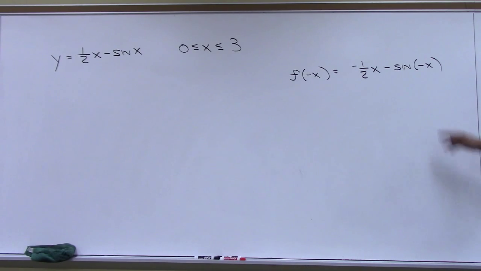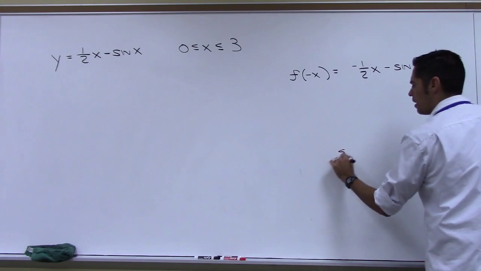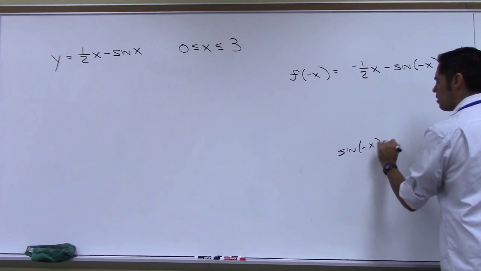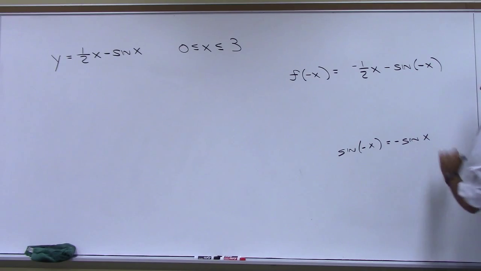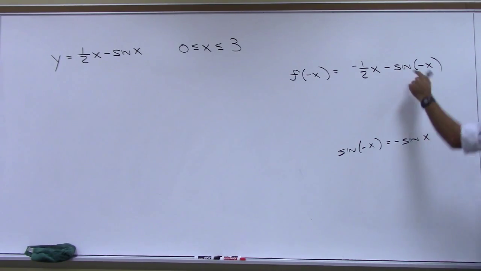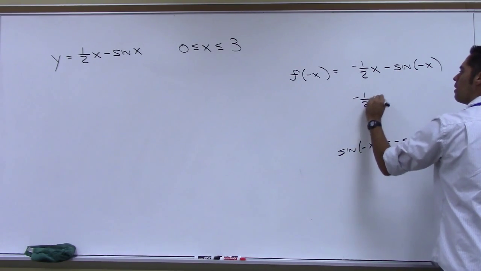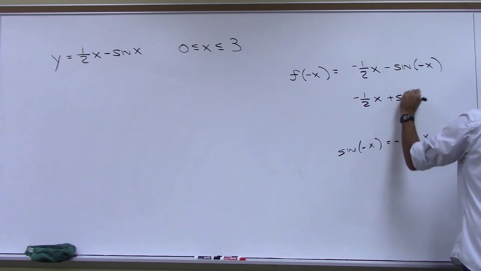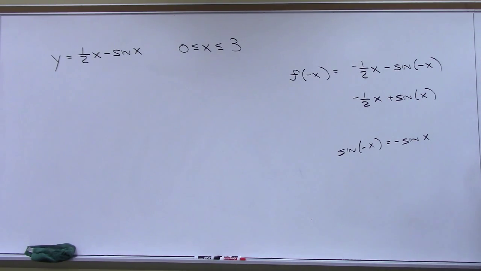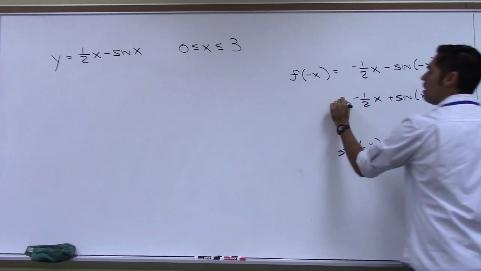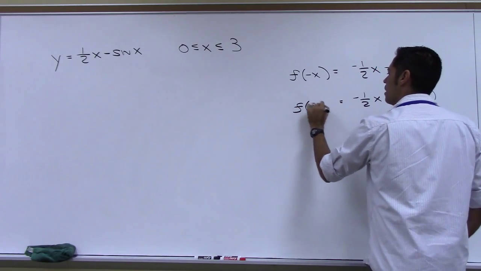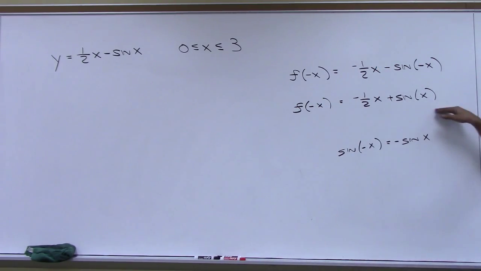So sine of negative x is actually negative sine of x. So if you go back and look in pre-cal, or look on your formulas, sine of negative x is negative sine of x. So that's going to make it a plus.